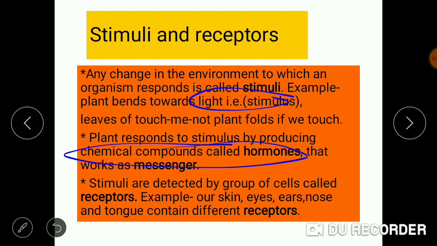The stimuli are detected by groups of cells called receptors. For example, our skin, eyes, ears, nose and tongue contain different receptors which respond to stimuli.